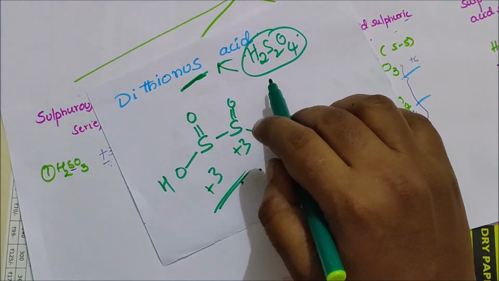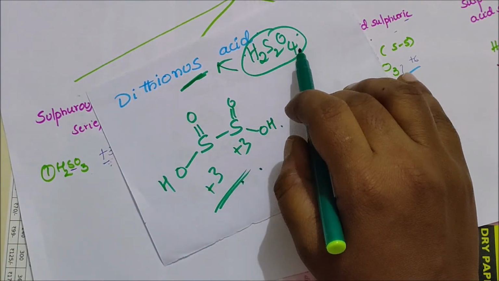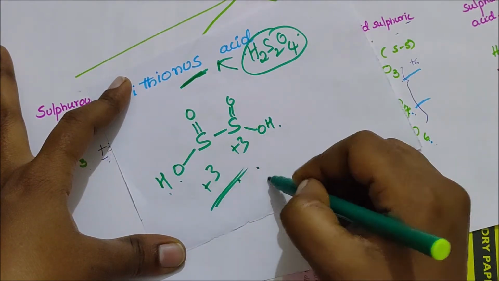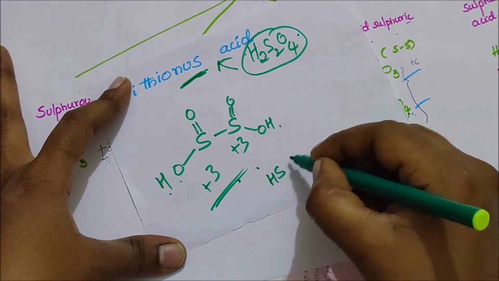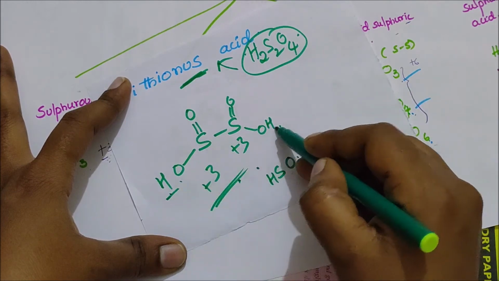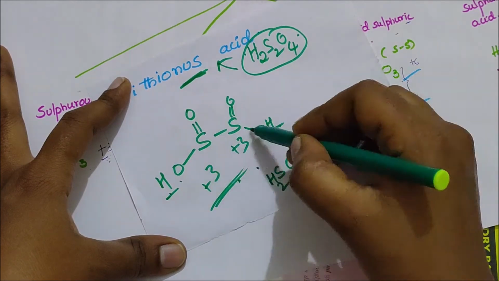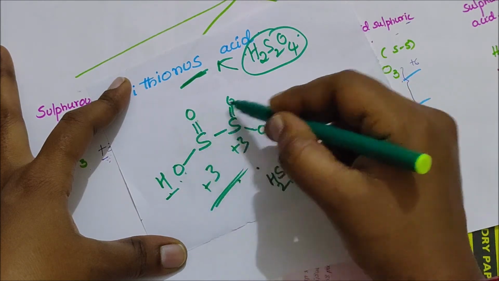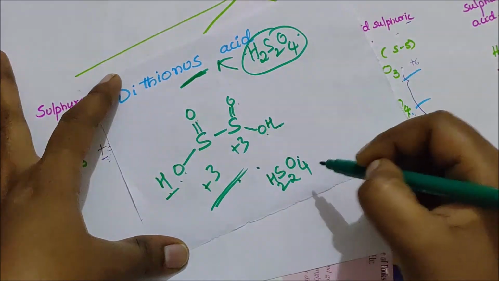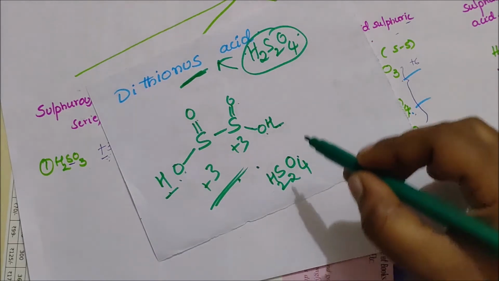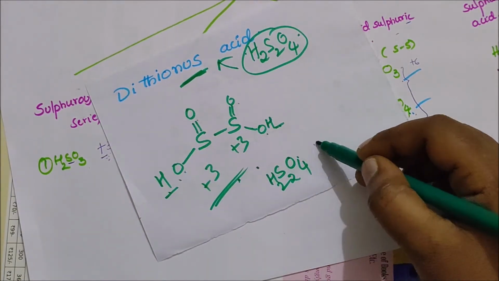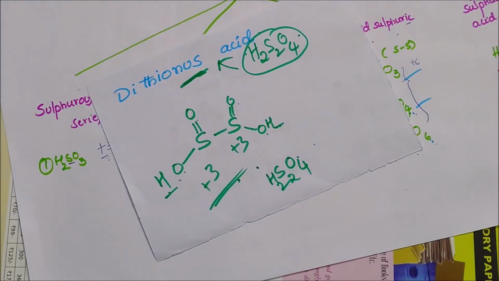The chemical formula: how many hydrogens are present? 2 hydrogens, 2 sulfur atoms, and 1, 2, 3, 4 oxygen atoms. So the chemical formula is H2S2O4. This is called dithionous acid.